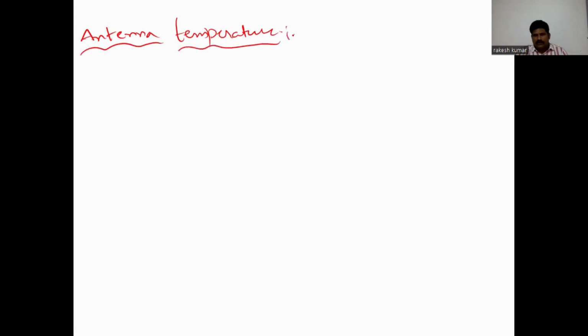We will discuss another parameter called antenna temperature. Whenever an antenna is transmitting or receiving, some heat automatically comes into the picture.